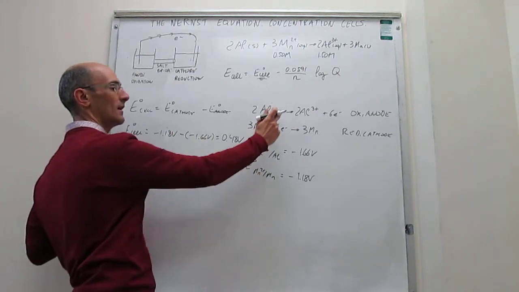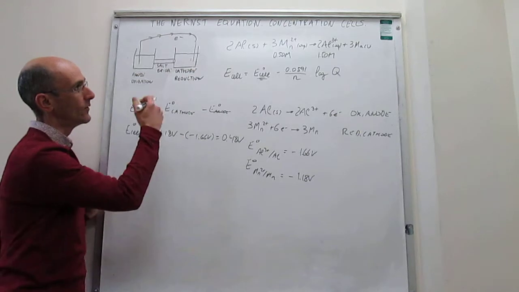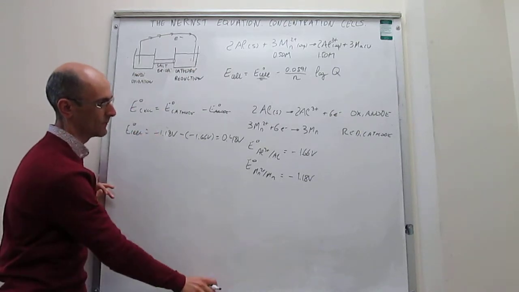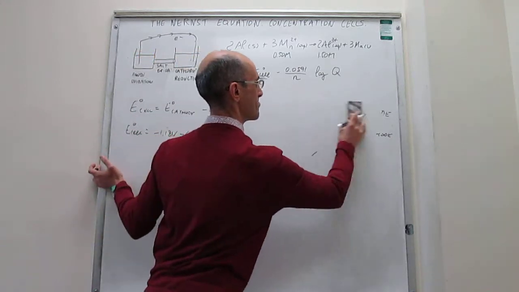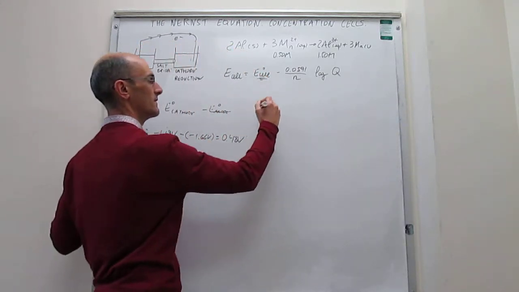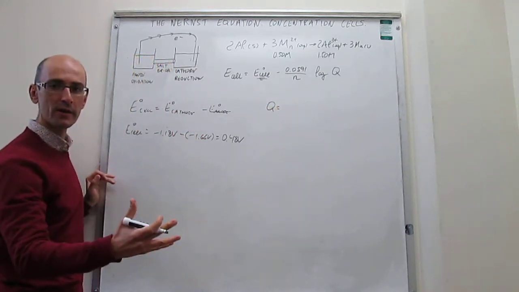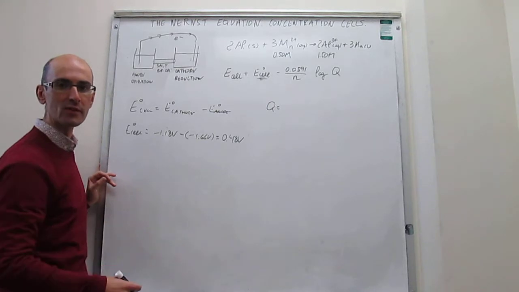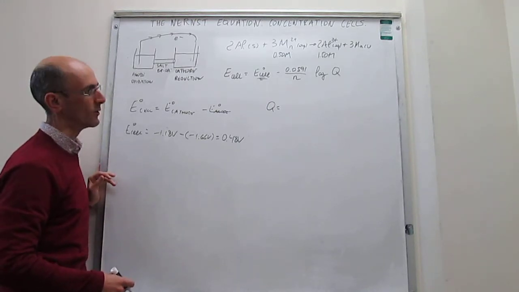The next piece that we need to figure out is what the reaction quotient is under the conditions provided by the statement. Okay, so let's write that in a little bit more detail. All right, so notice that the reaction quotient is simply going to be the activities of products to the power of the stoichiometric coefficients over the activities of reagents to the power of the stoichiometric coefficients, right?